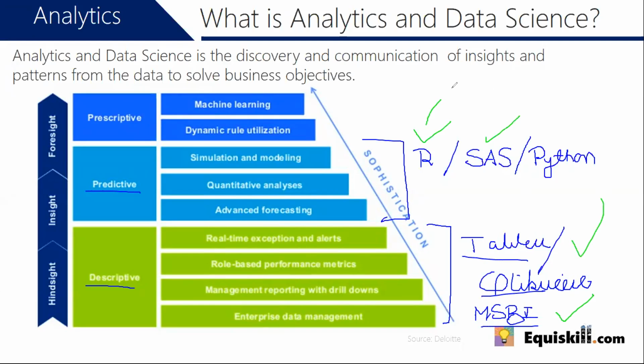Now, on the predictive side, 80% will be on SAS and around 20% will be on, I'm sorry, my apologies, 80% on R and 20% on SAS. So R is going to be pretty heavy on the predictive side. And on the descriptive side, it's 50-50 between Tableau and Microsoft Business Intelligence tools, and Excel will be covered in the program.